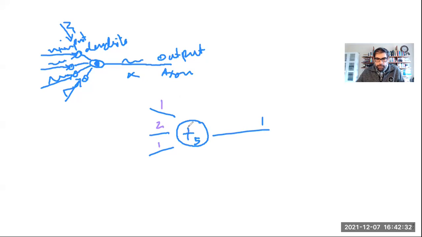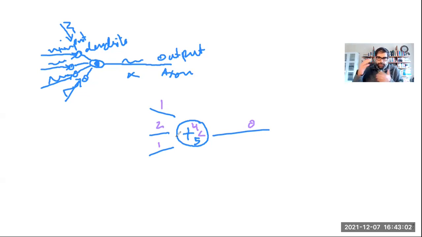Okay, so the sum in this case is 4, which is less than 5. So there will be no output in this case, and the output will be, let's say, 0. So this is a very simple artificial neuron. It has 3 inputs and 1 output, and it can receive different values in the inputs.